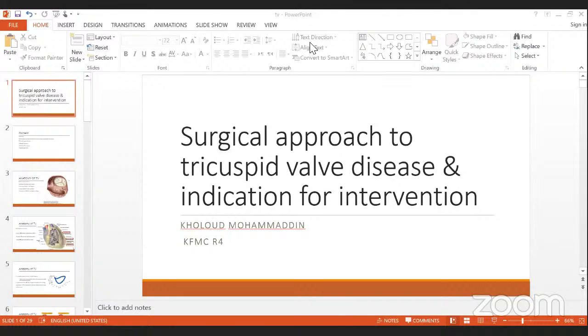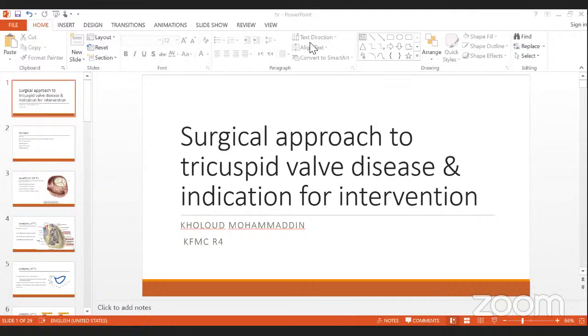And I'm not sure whether Khulud mentioned it regarding the replacement: do you resect the leaflets or keep them intact? She mentioned it clearly, exactly on this point, and she mentioned one of the complications, which is RVOT obstruction, and how to avoid it.